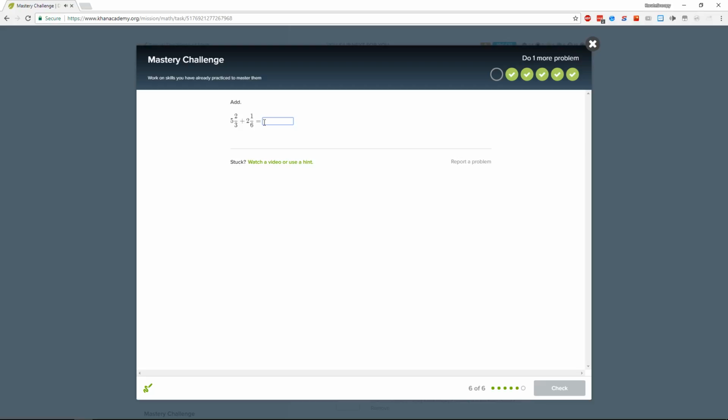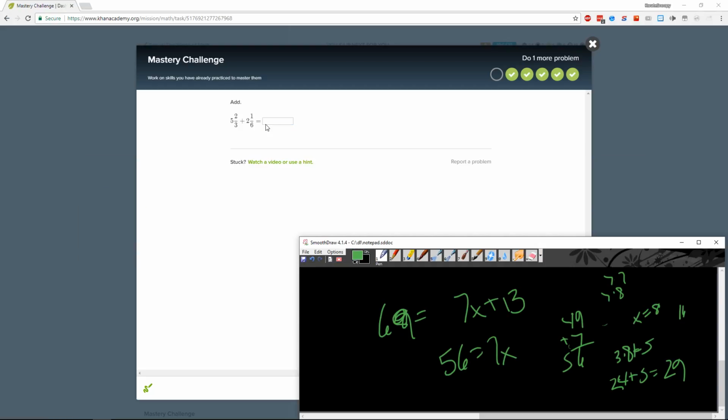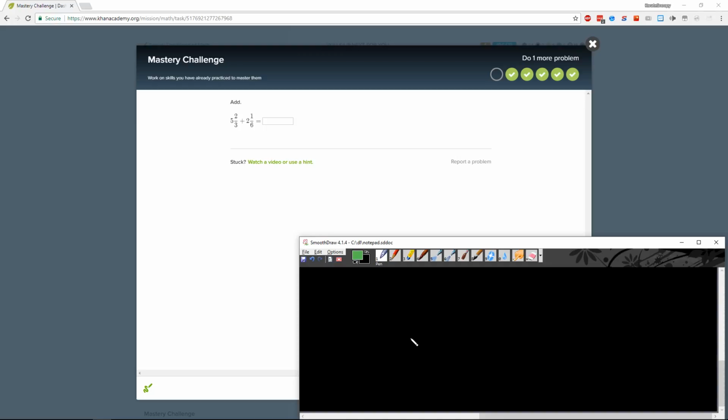Okay, add those numbers. These problems are getting slower to do. I think that's probably the trouble with this world of math stuff, is it's going to get slower and slower and slower, and eventually it's going to get painful. Let's see, that's 17 thirds plus 13 sixths.